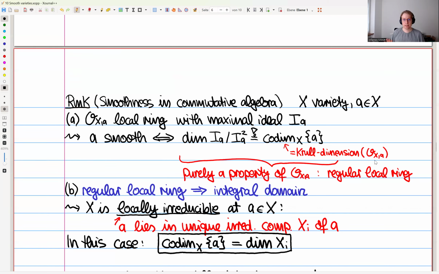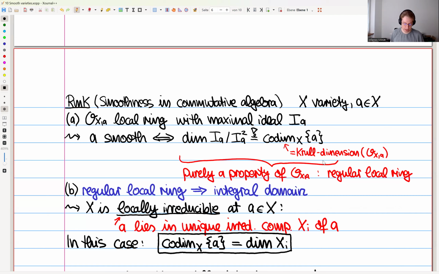But then it's a result from commutative algebra that the prime ideals of the coordinate ring of X contained in the maximal ideal associated to A are just the set of all prime ideals of the localization of this ring at this maximal ideal. And so these chains correspond to the chains of all prime ideals here. And then the Krull dimension just gives you the length of the longest chain.